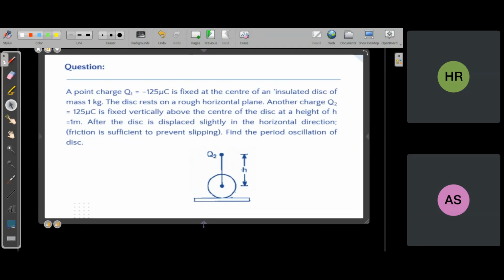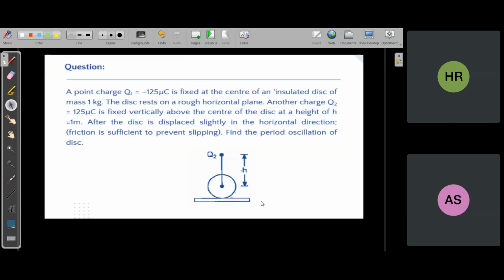You already know some of the basics of SHM. So have you tried this question or not? Sir, I have not tried. So I need to try. Okay, so try this question. This question is SHM combined with electrostatics.